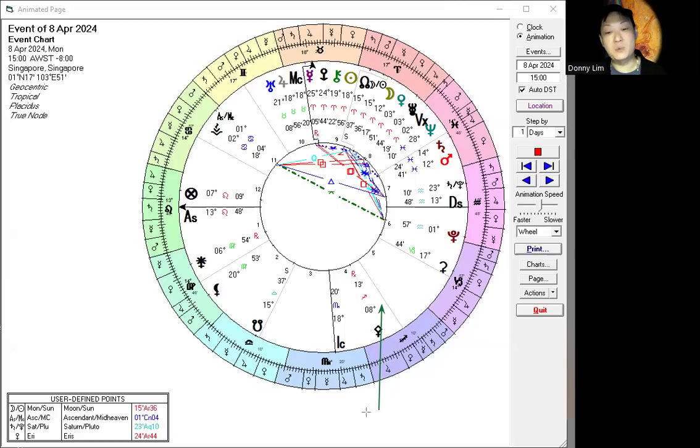Last but not least, what I can think of when it's third from the fifth, this can be inferring that one is a chatterbox in one's downtime. Downtime is the fifth house domain, being a chatterbox. Talking is three divisional houses away in terms of theme.